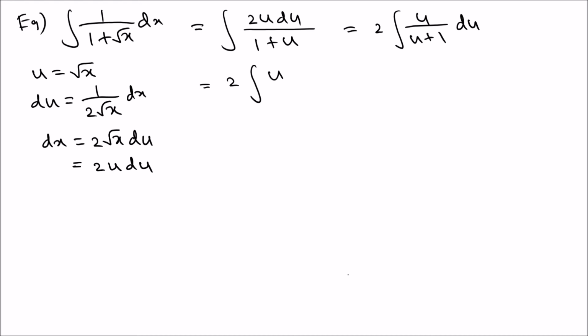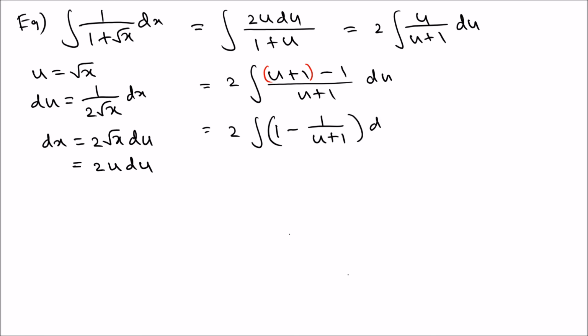You add and subtract the missing term, that means 1. So you add and subtract 1. Now this is like one term, so you can divide by that, so you get 1. So you can write this as 1 minus 1 over u plus 1.